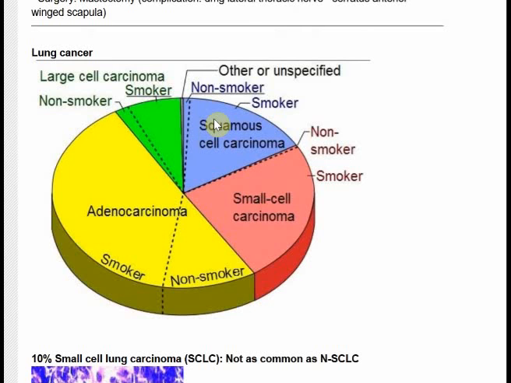Remember all that stratum corneum. It can cause PTH-rp, causing hypercalcaemia. You also have large cell carcinoma, which has a large cytoplasmic to nuclear ratio and is found more proximally.